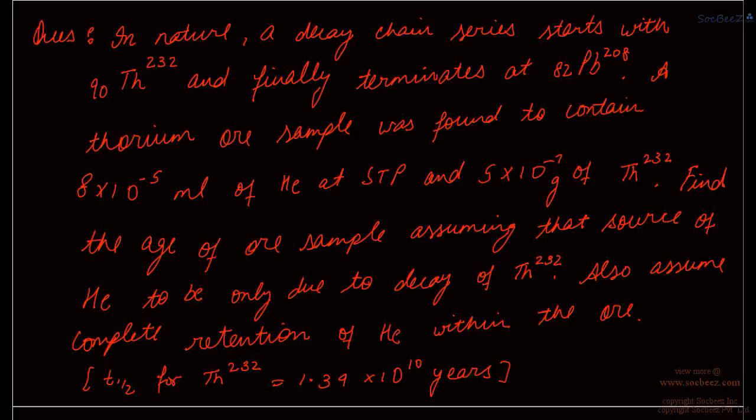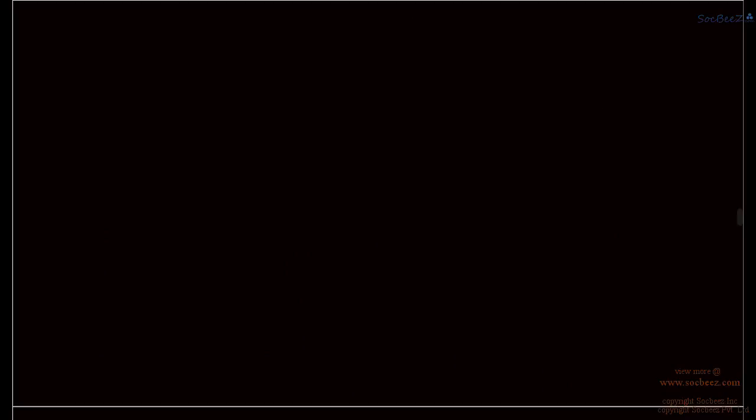A thorium ore sample was found to contain 8 into 10 raised to the power minus 5 milliliter of helium at STP and 5 into 10 raised to the power minus 7 gram of thorium. Find the age of the ore sample assuming that the source of helium is only due to decay of thorium-232. Also, assume complete retention of helium within the ore. The half-life of thorium-232 equals 1.39 into 10 raised to the power 10 years.